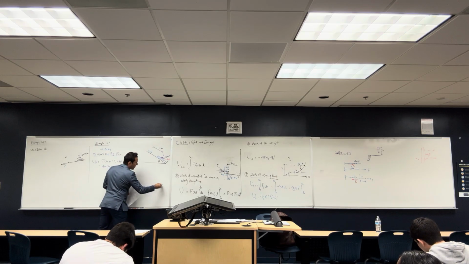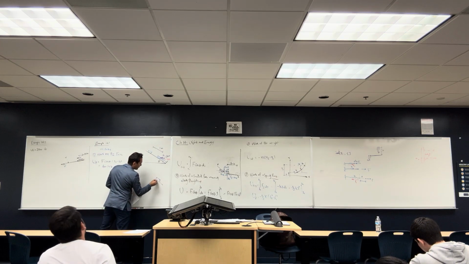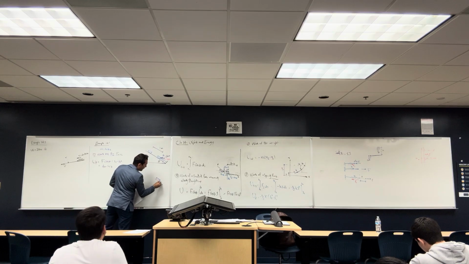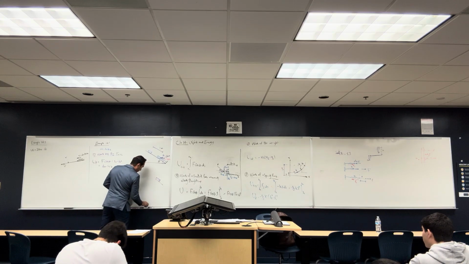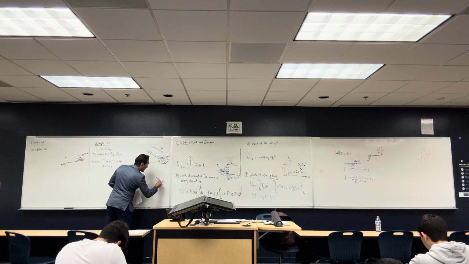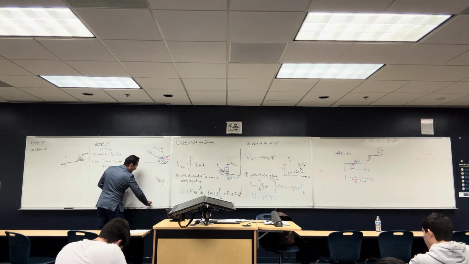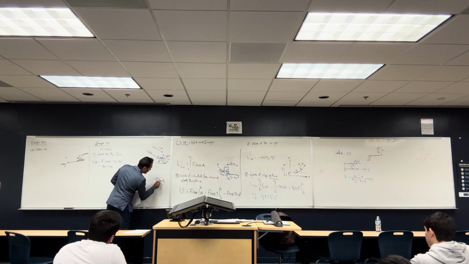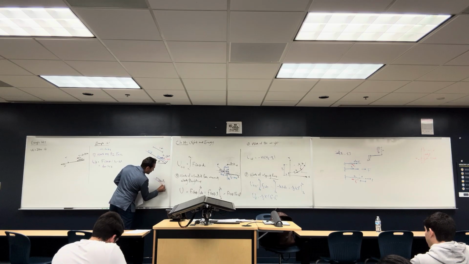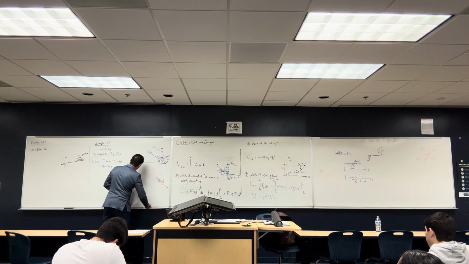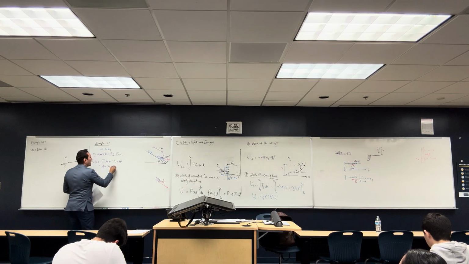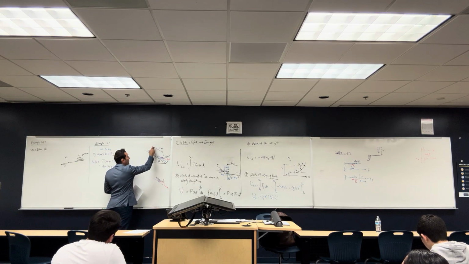So right now this is my body. I have B here, something like this. I only need B in the direction of the movement, which is B cosine 30, multiplied by S2 minus S1, which is going to be 2 meters.